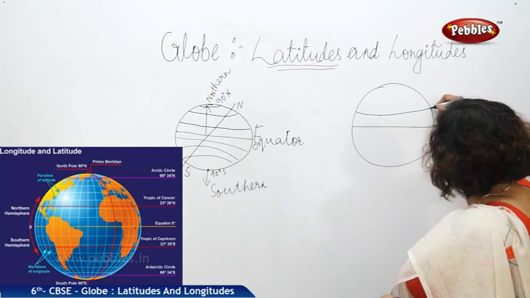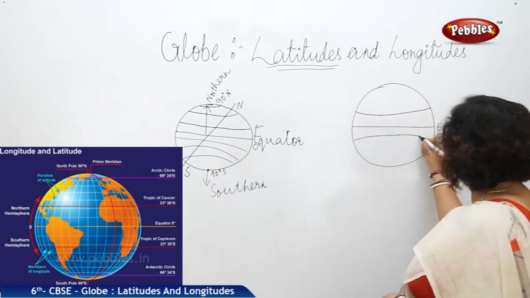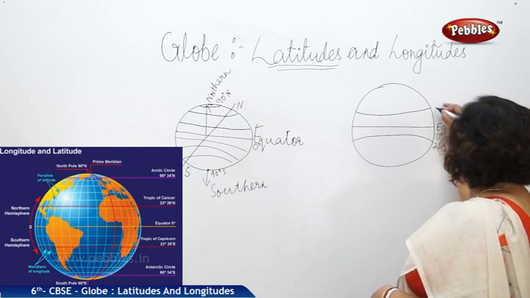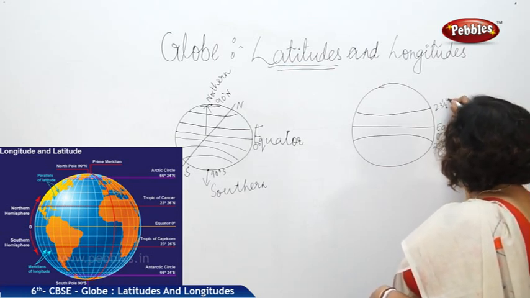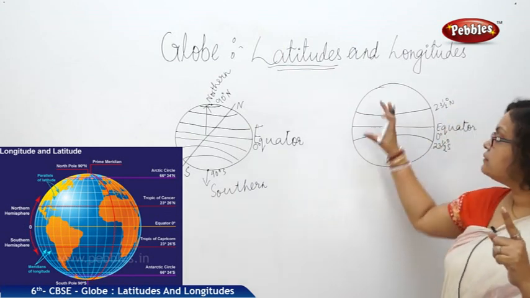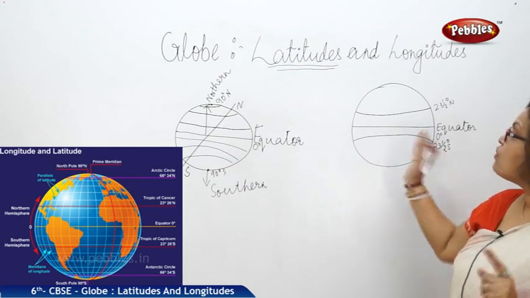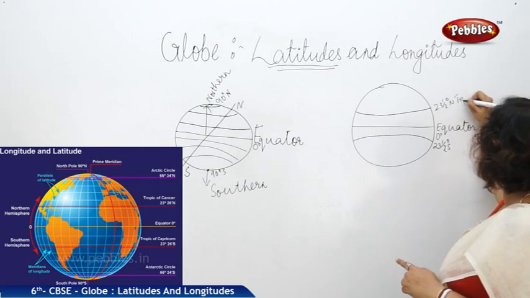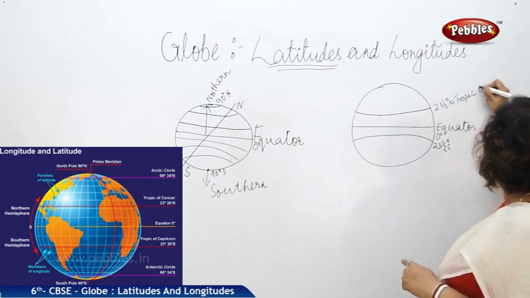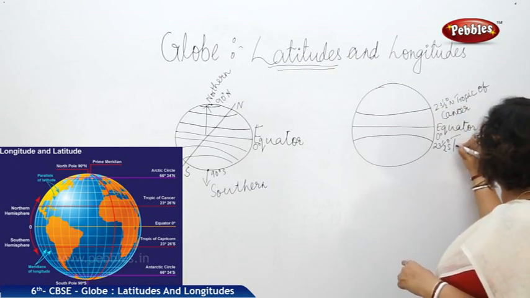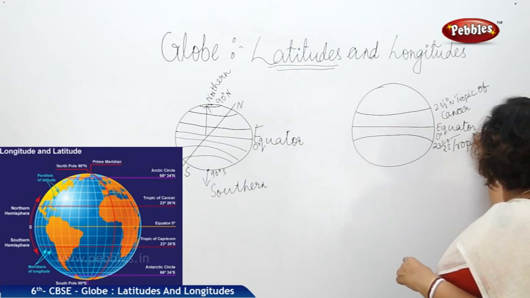At 23.5 degree north and 23.5 degrees south, remember, we imagine another two lines of latitude. They are Tropic of Cancer and Tropic of Capricorn.